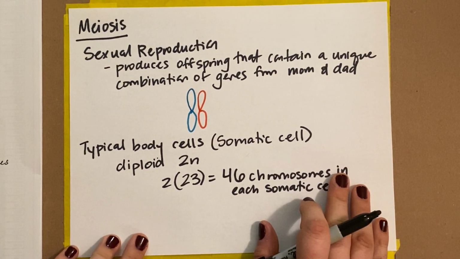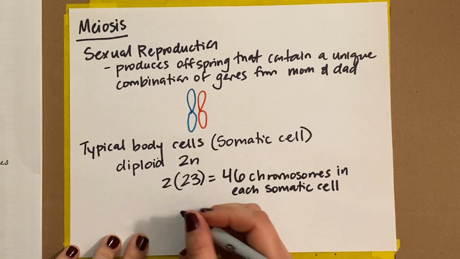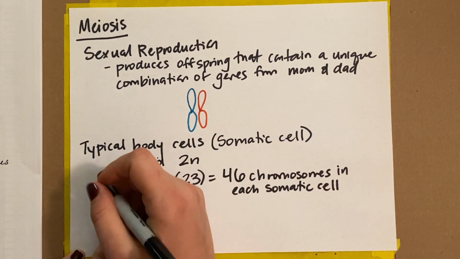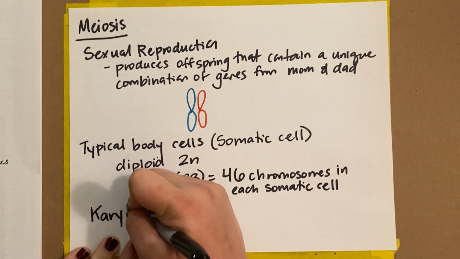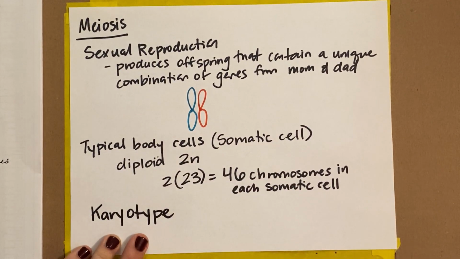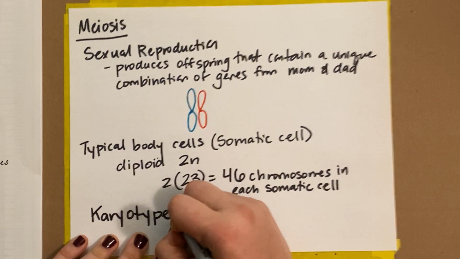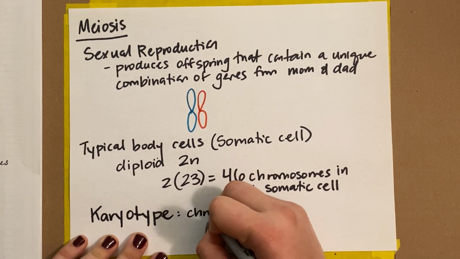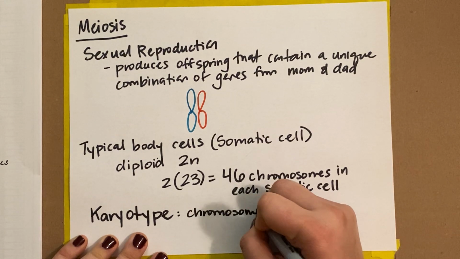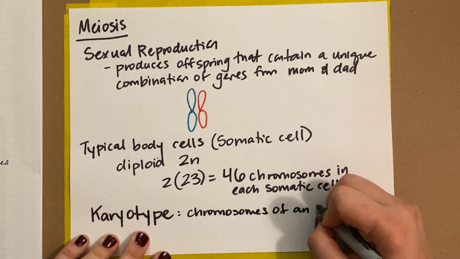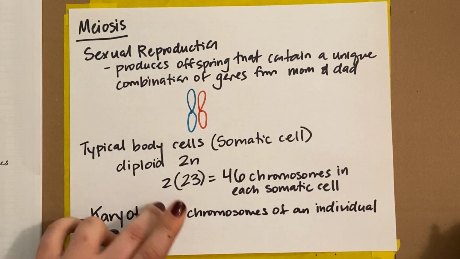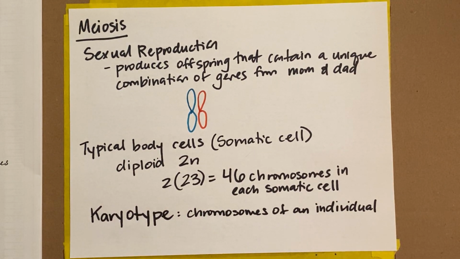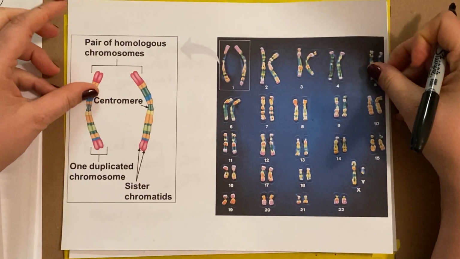When we look at all of an individual's chromosomes, we have a term called a karyotype, which is the chromosomes of an individual. So I wanted to show you what this actually looks like. This is what a karyotype would look like.